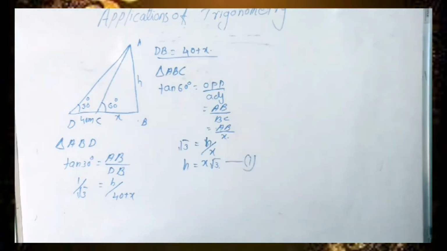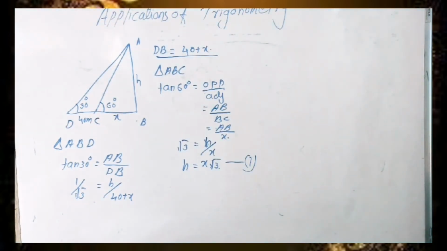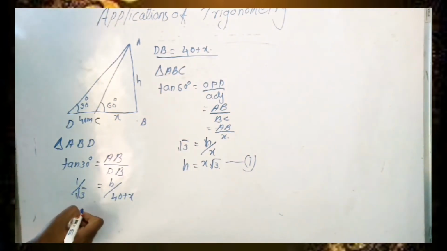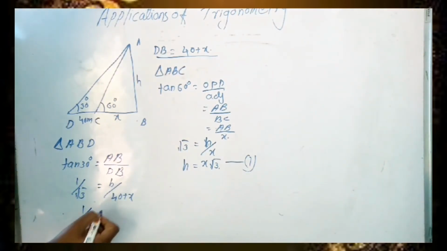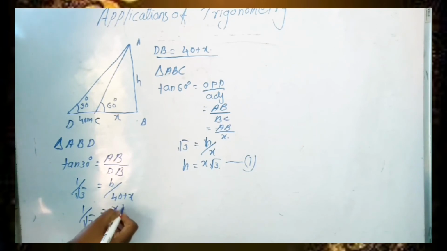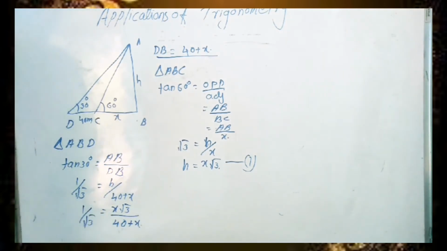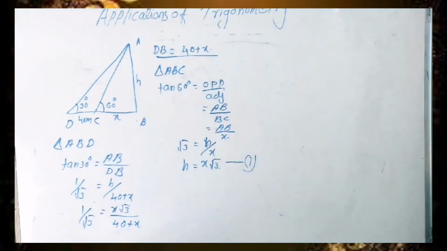By using equation number 1, we will get 1 by root 3 is equal to X root 3 divided by 40 plus X.